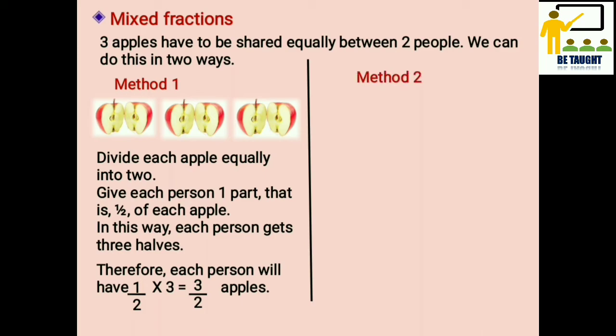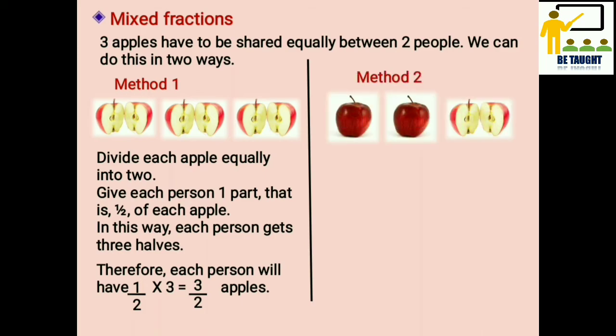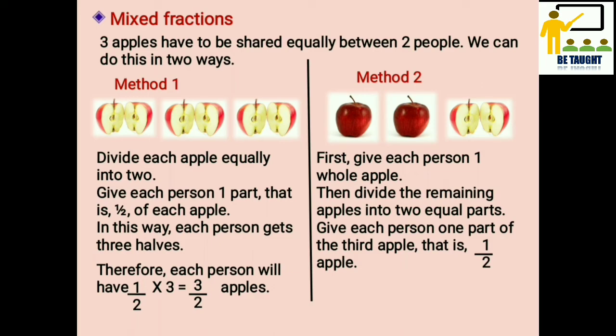Now let us see method 2. First, give each person one whole apple, as you can see in the picture. Then divide the remaining apples into 2 equal parts. Give each person one part of the third apple, that is half apple. Each person gets one whole and half apple.